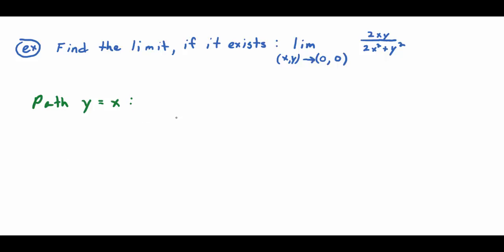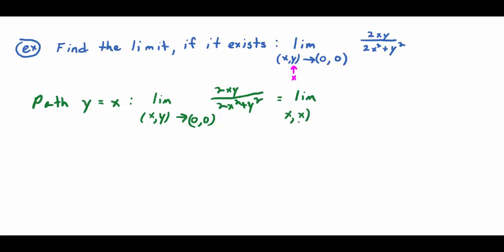And if that's the case, then this limit changes. This y right here changes to x. And so we get the limit of, I'm sorry, the limit of 2xy divided by 2x squared plus y squared, rather. As (x, y) approaches (0, 0), this limit becomes the limit as (x, x) approaches (0, 0).